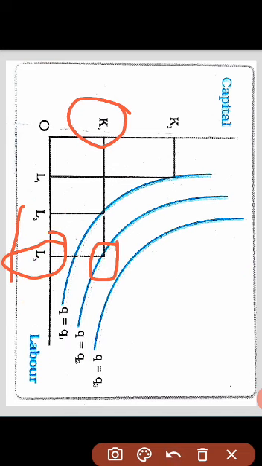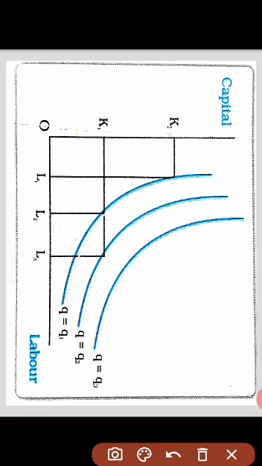Here also there is a combination of two inputs, that is labor and capital.